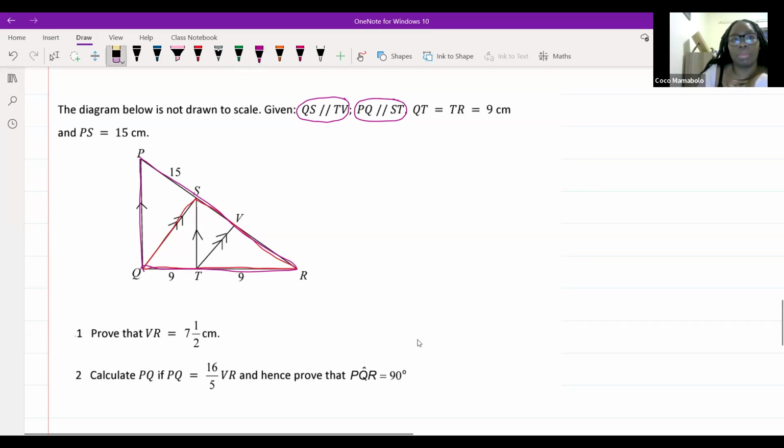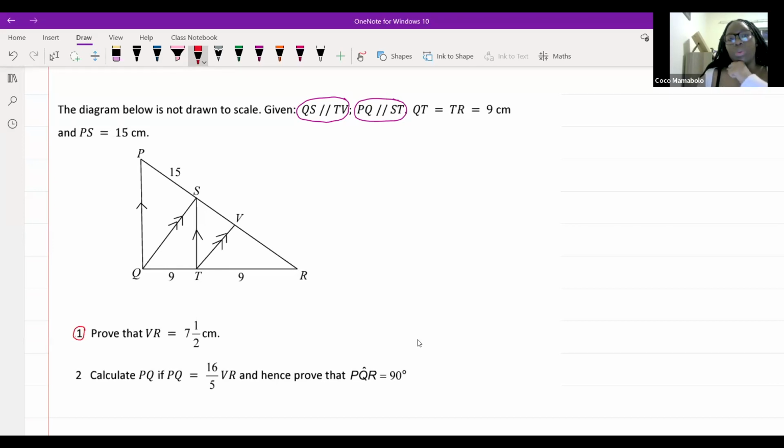The question says QT is equal to TR, and they've both told us that both of them are 9 centimeters, and PS is equal to 15 centimeters. Question 1 says, prove that VR is equal to 7.5 centimeters.